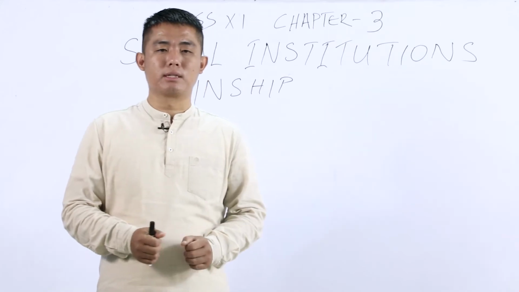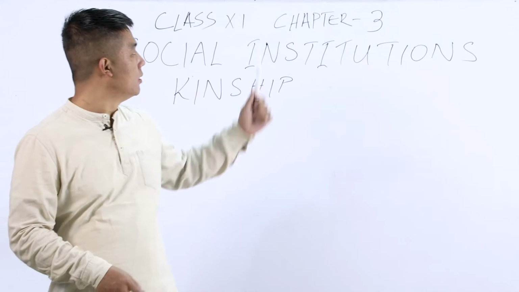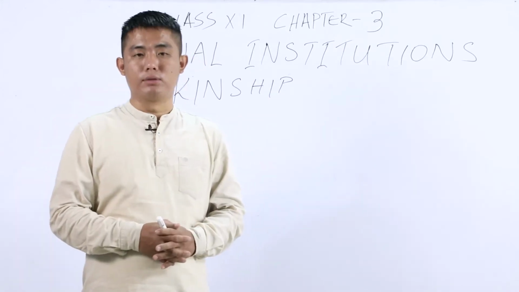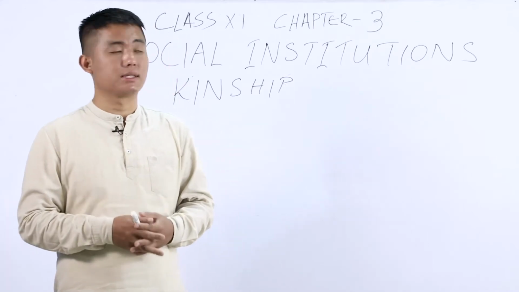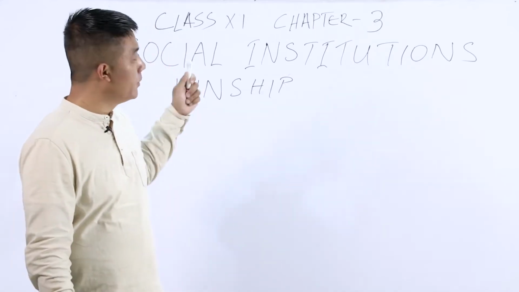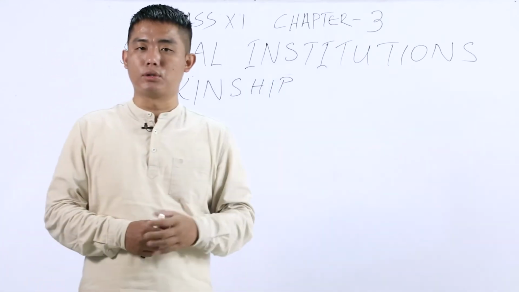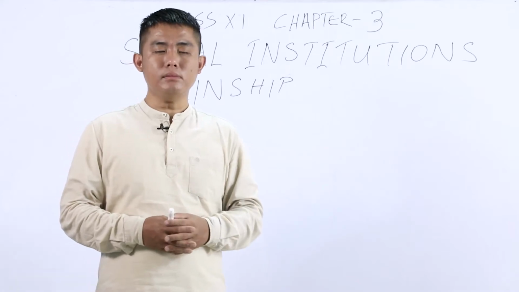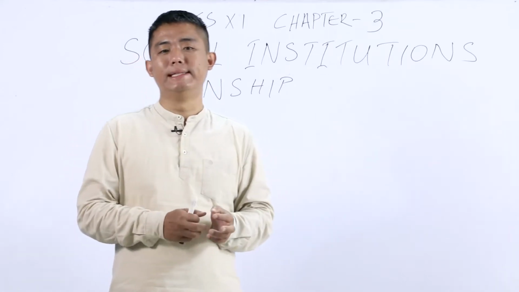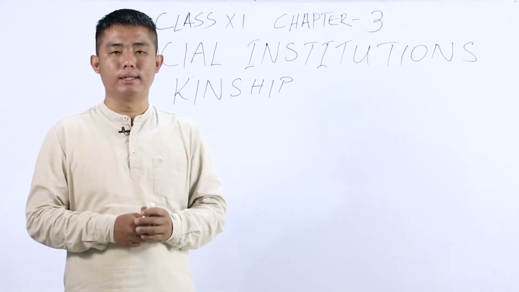Even today we will be discussing sociology, and today we are going to start with your unit 3, which we had some discussions about in our previous classes. The name of unit 3 is social institutions. Under social institutions, we had discussed the family, and we have also learned that family is one of the primary institutions in society.